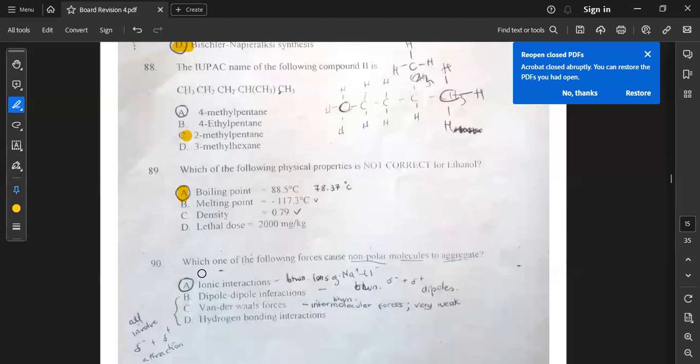We are on question number 90, and we're asking for thoughts. The two answers given so far are ionic interactions and van der Waals forces.